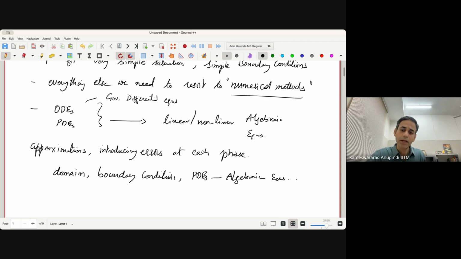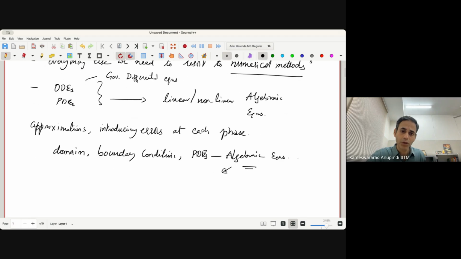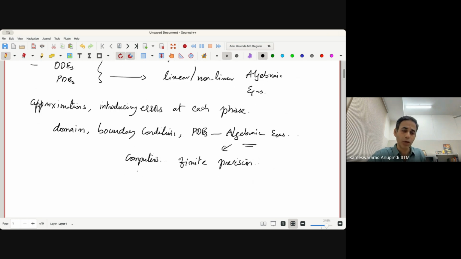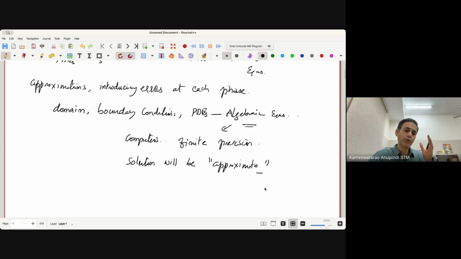And eventually, in the solution of algebraic equations also, as we are going to use computers which have only a finite precision. So the solution we get is not exact. The solution we get will be only approximate in nature, because we are incurring all these errors, and also we are using finite precision computers to solve for these algebraic equations. Okay, that's what we should keep in mind.